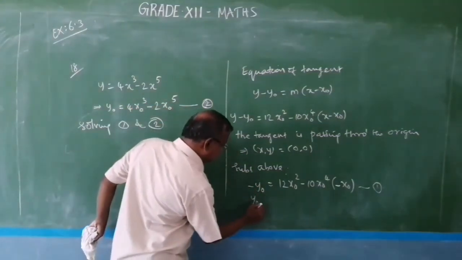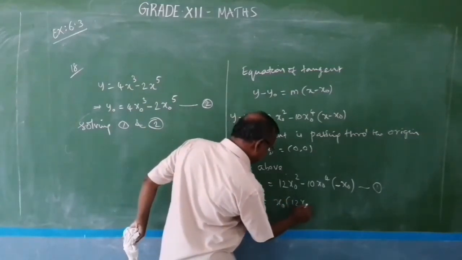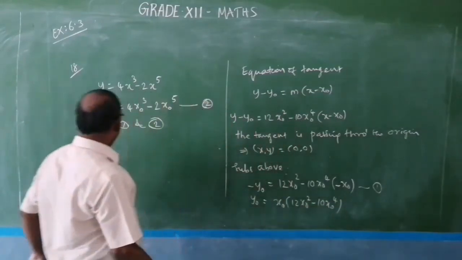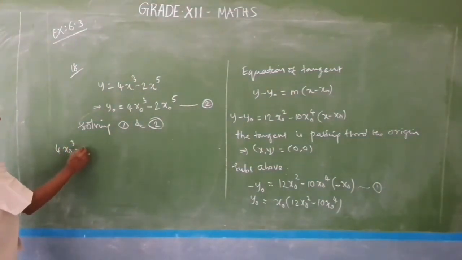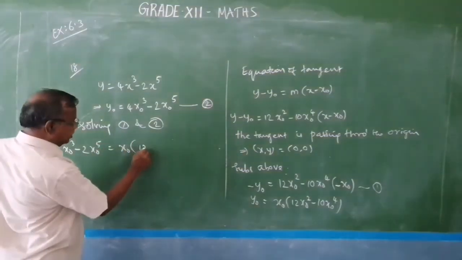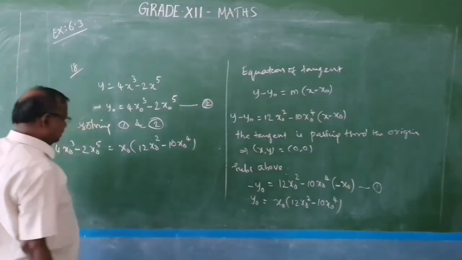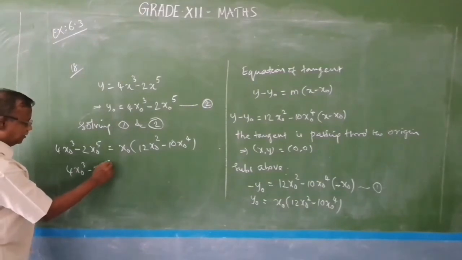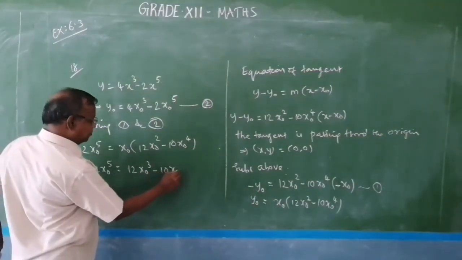So y naught equal to x naught into 12 x naught square minus 10 x naught power 4. Therefore 4 x naught whole power 3 minus 2 x naught power 5 equal to x naught into 12 x naught power 2 minus 10 x naught power 4. Now 4 x naught cube minus 2 x naught power 5 equal to 12 x naught power 3 minus 10 x naught power 5.